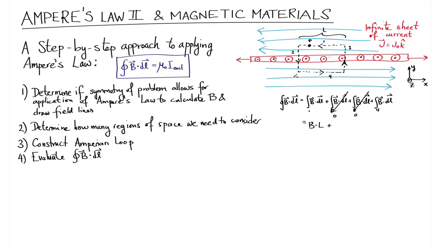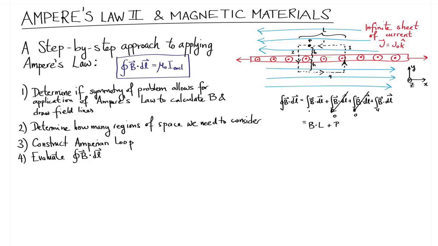We don't want to assume that B is not changing as a function of height, although when you solved the problem using the Biot-Savart law, that's what you found. But we don't want to assume that. If we say side 1 is some height h above the sheet, and side 4 is the same distance away, then I think it's pretty easy to convince yourself that, by symmetry, the magnitude of the field on top should be the same as the magnitude of the field on the bottom, just pointing in the opposite direction.